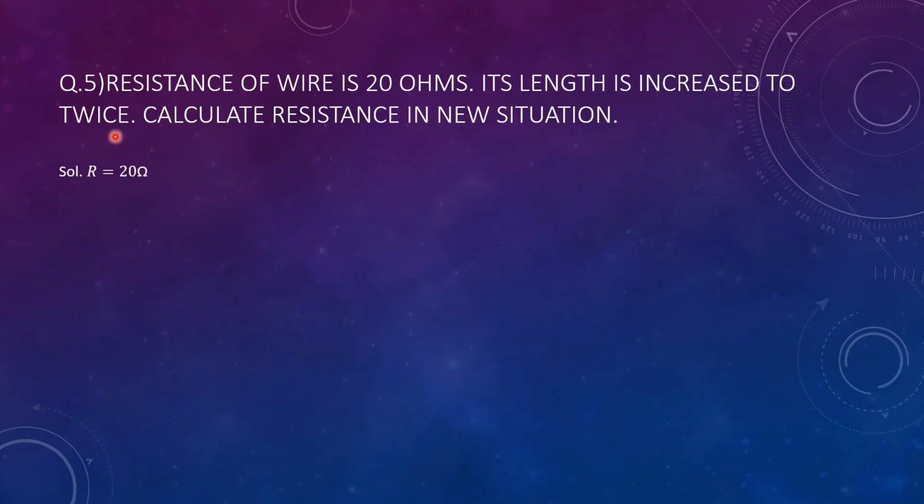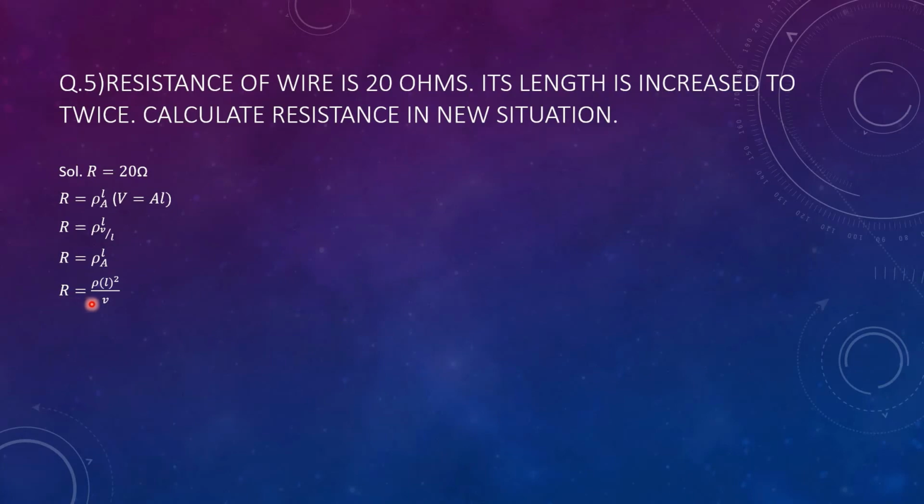R is 20 ohm. We know that R equal to rho L upon A, but volume V equal to A into L. So from here value of A will place here, R equal to rho L upon V upon L. In previous question also we have discussed this.